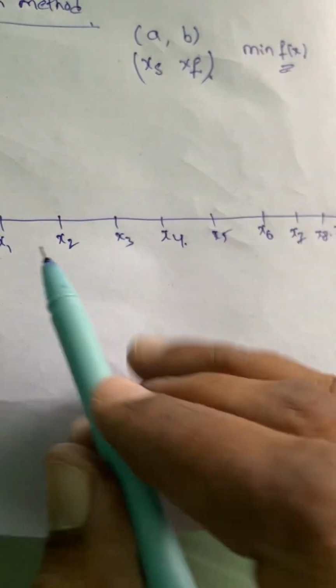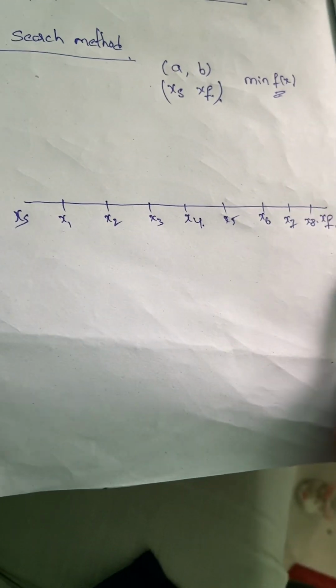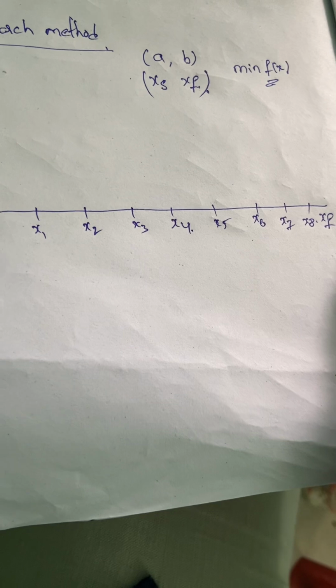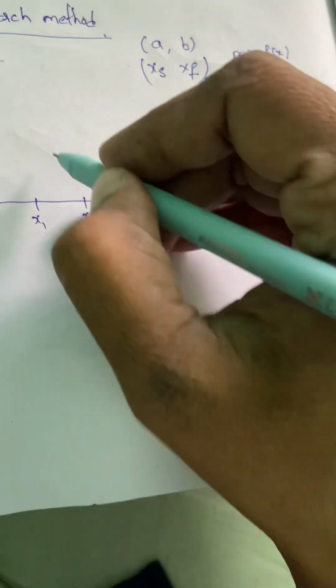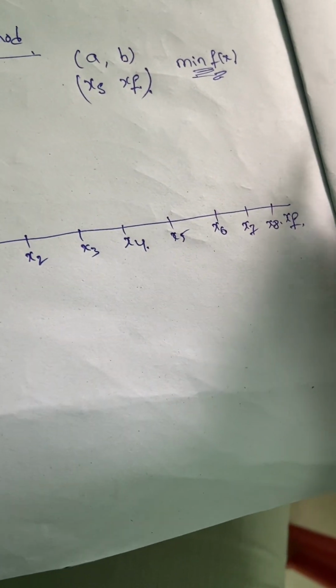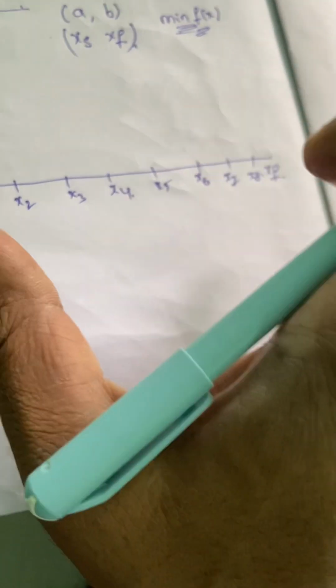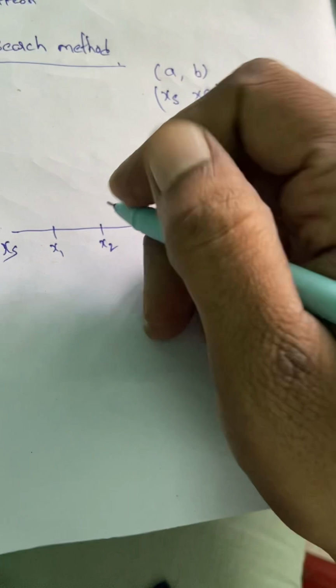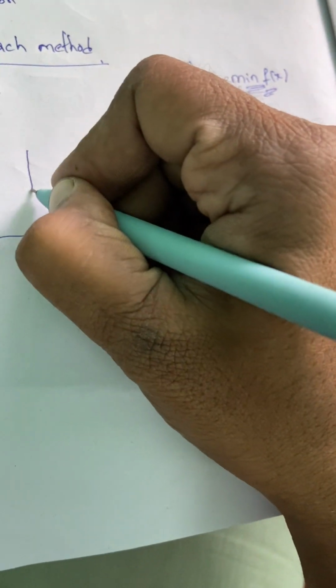So we have considered 8 experiments in this given interval. After evaluating the given function in all these 8 experiments, suppose we got values like this.